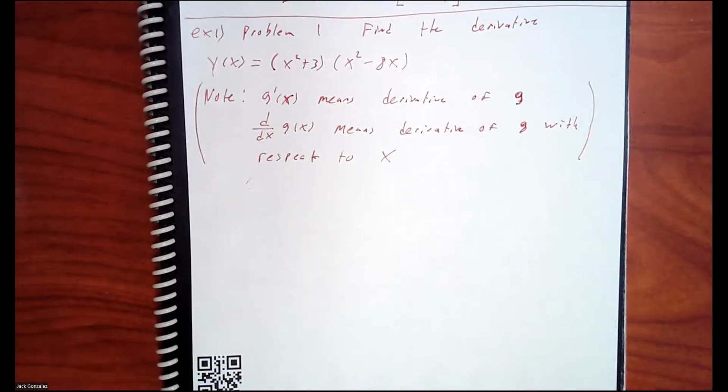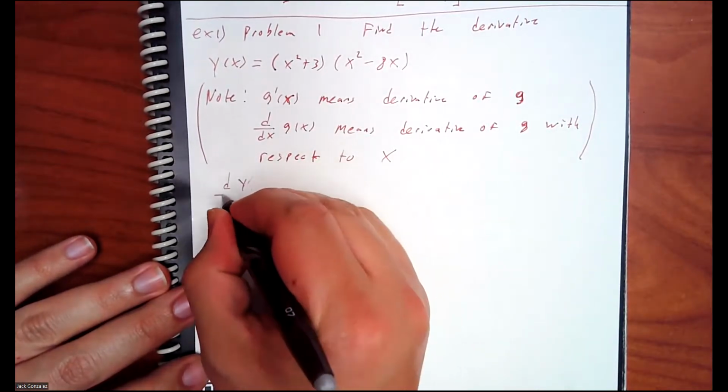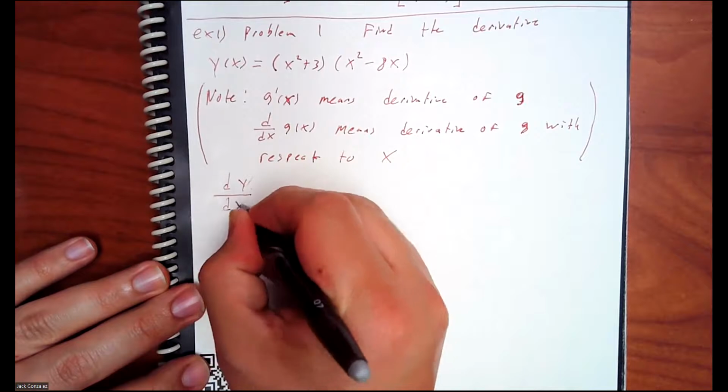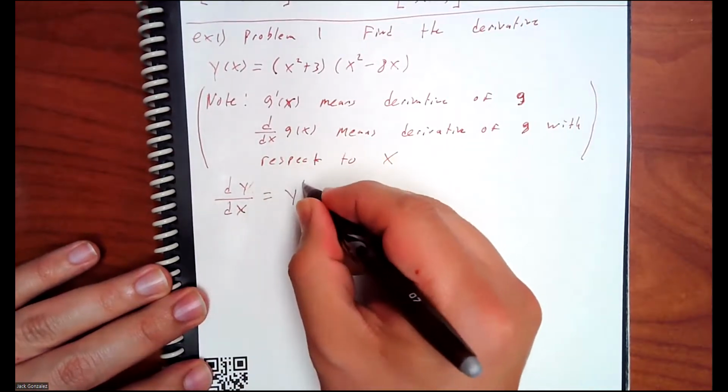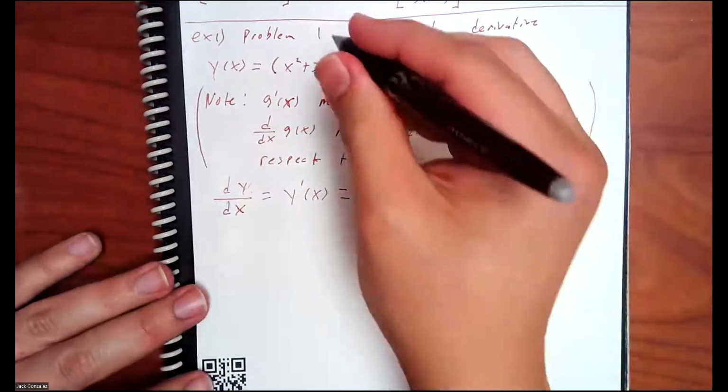Okay, so the derivative of y with respect to x, or in other words, y prime, is equal to, right? Let's find the derivative is what I'm saying.